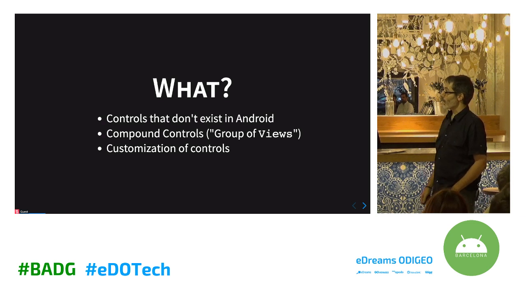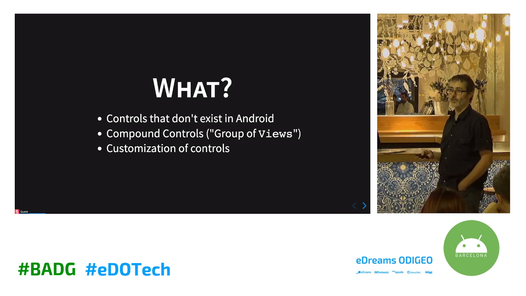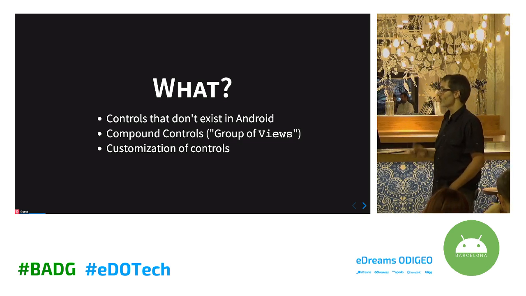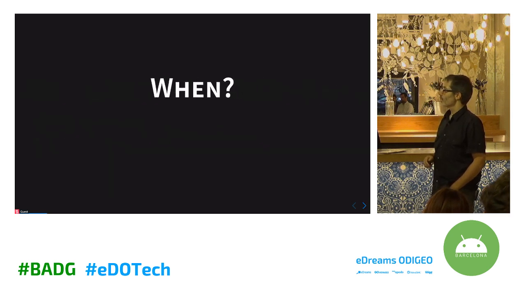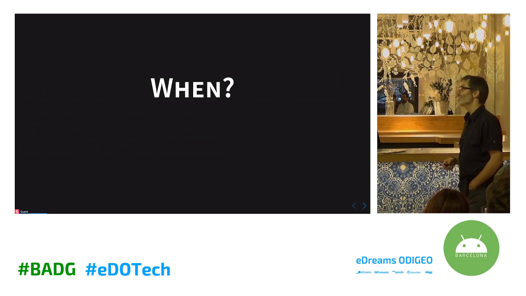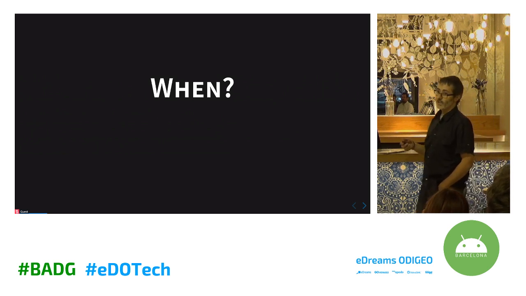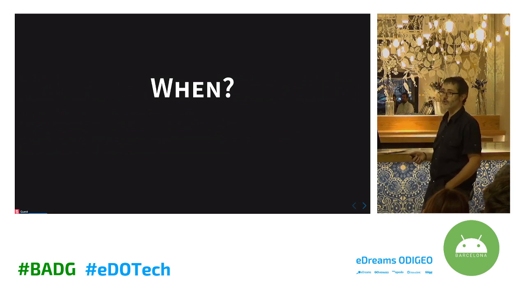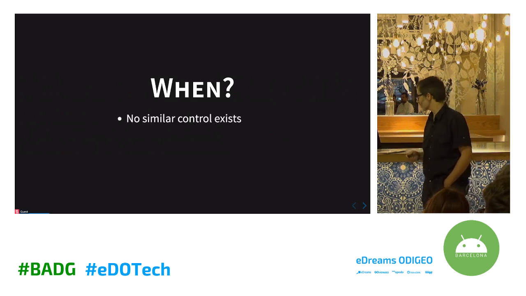And well, we could also go in between, which is customizing existing controls by subclassing them. We will not see this one. And we will see how to do full custom controls by using completely custom drawing and using Canvas.